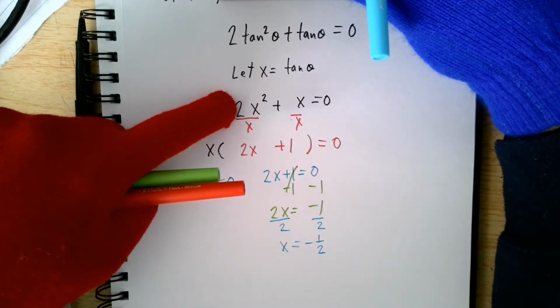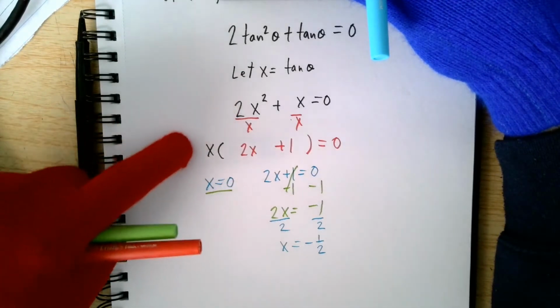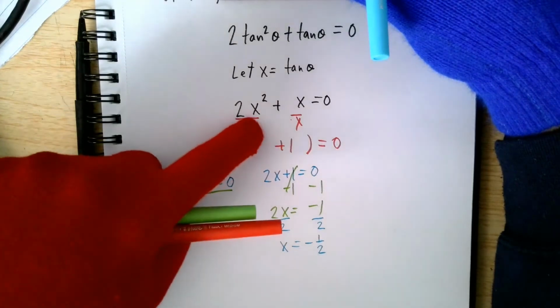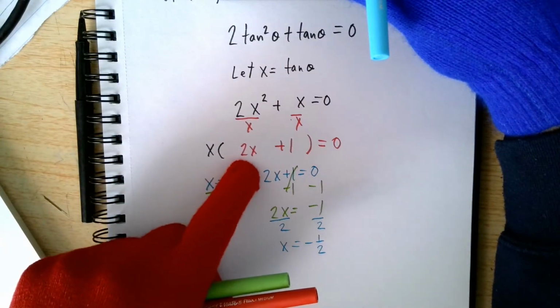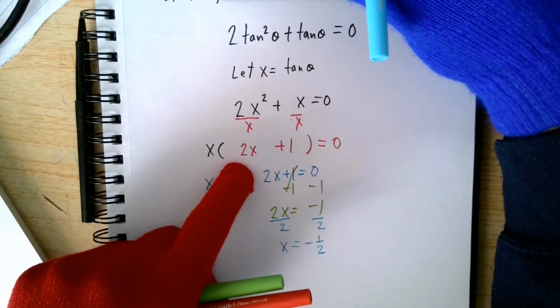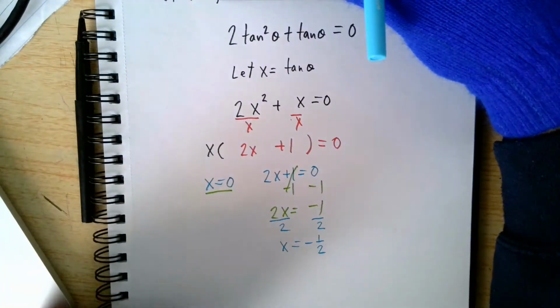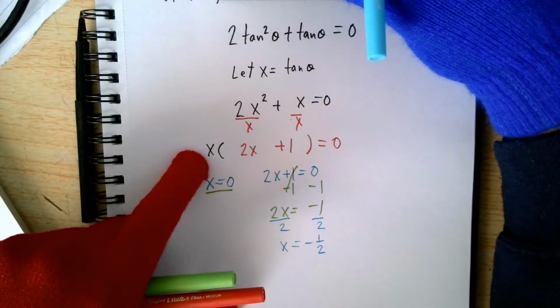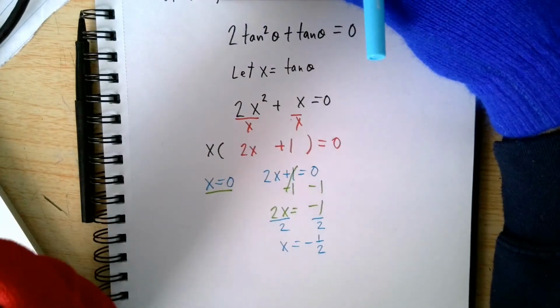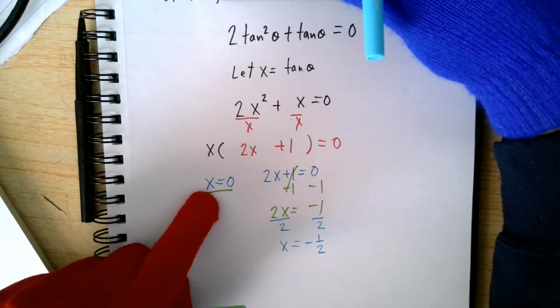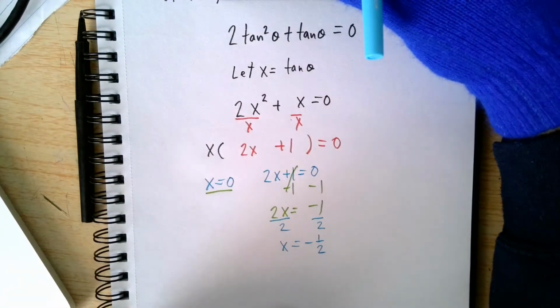Then I factored it out, used my greatest common factor, put the x on the outside, and divided. When I looked in the parentheses, there was no more factoring to do, so I knew I was able to move on. I set each factor that had a variable equal to 0 and solved. So x equals 0, and 2x plus 1 equals 0, I solved it.